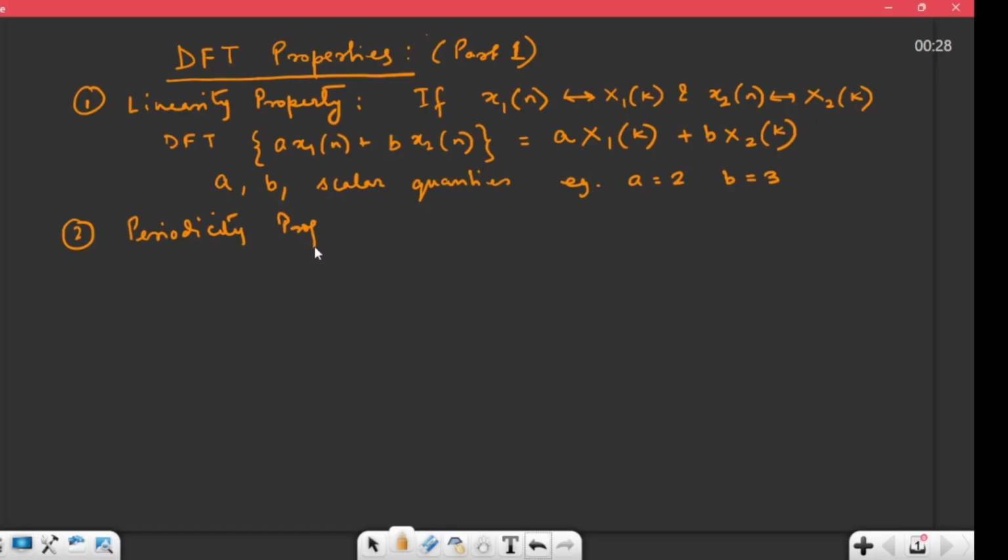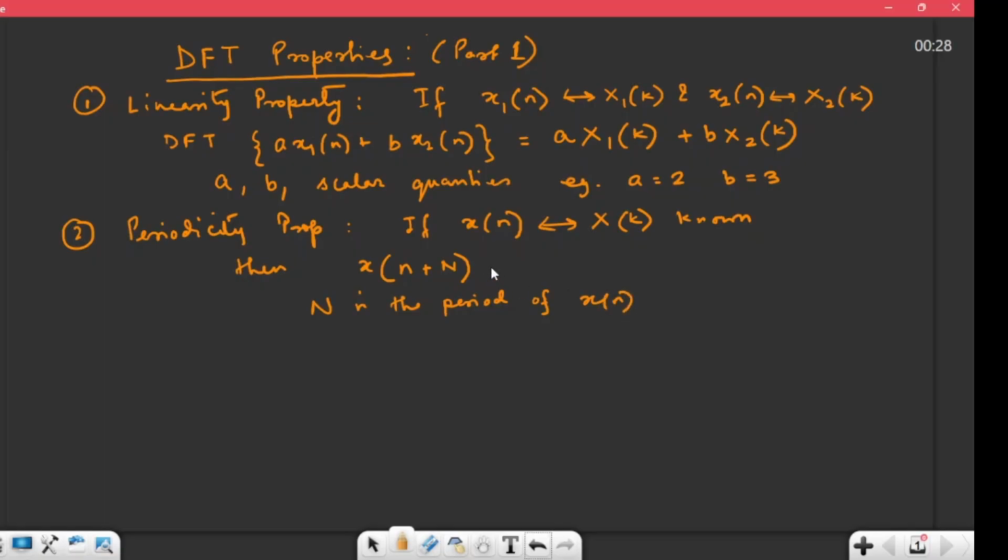The periodicity property tells us that if we know the DFT of x(n) is X(k), then the DFT of x(n plus N), where capital N is the period of x(n), is also periodic, X(k plus N).